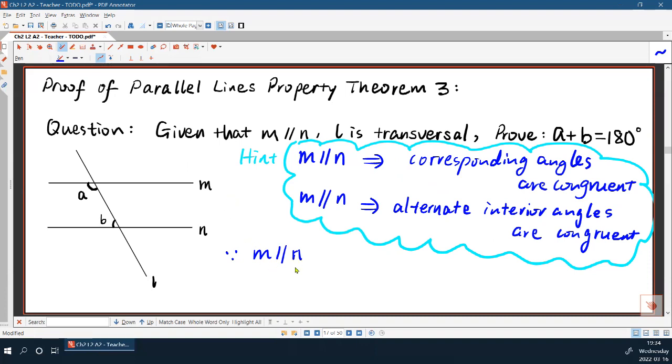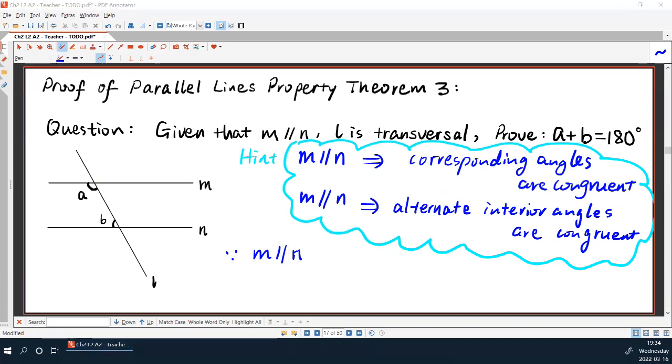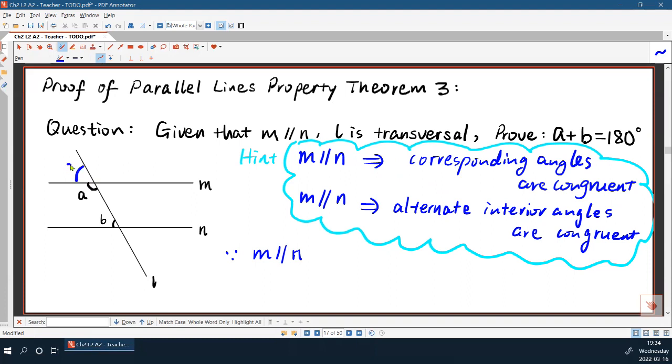If M is parallel to N, let's call this angle here C. Then we have C equals B, right?